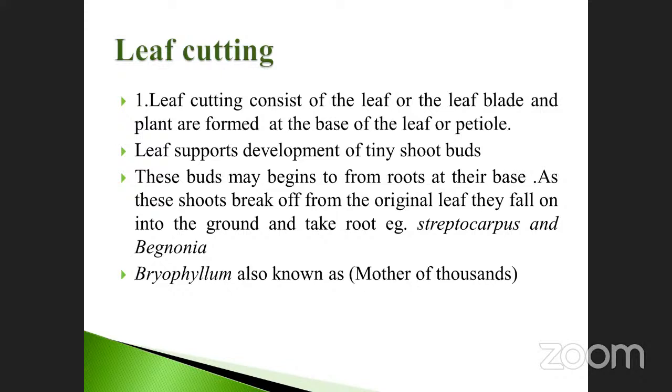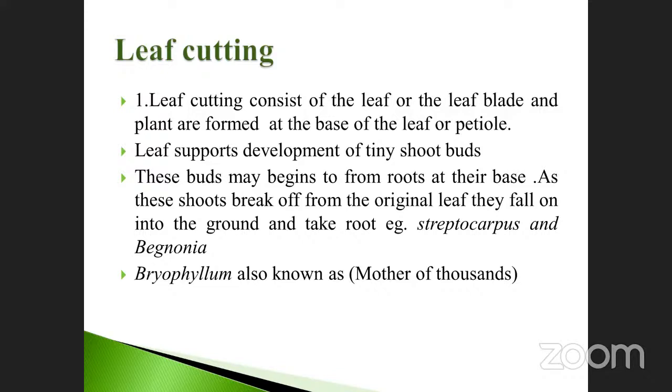The leaves support development of tiny shoots and buds. Take the example of Bryophyllum. I already told you Bryophyllum is one of the leaf cutting methodologies, and you will get a new plant.